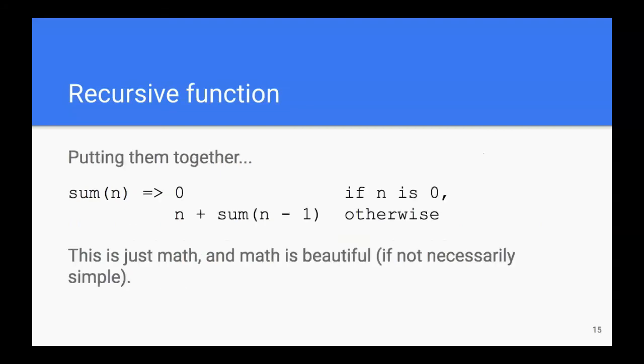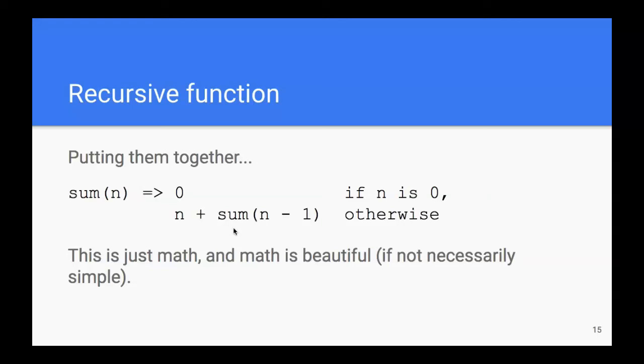Okay. So when we put all of the answers to all the 3 questions together, here's what we get. The sum of n is 0 if n is 0. Otherwise, sum of n equals n plus the sum of n minus 1. That's recursion, right?